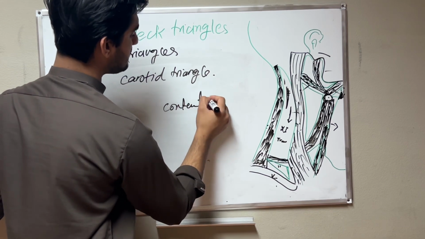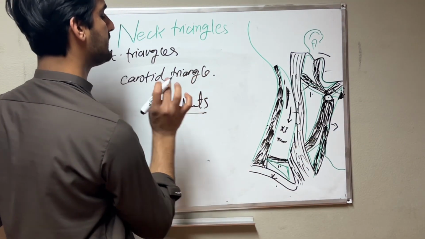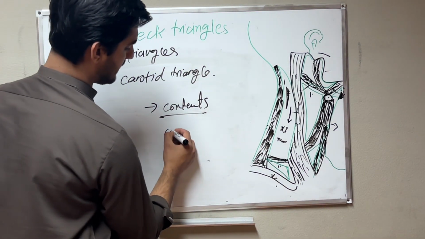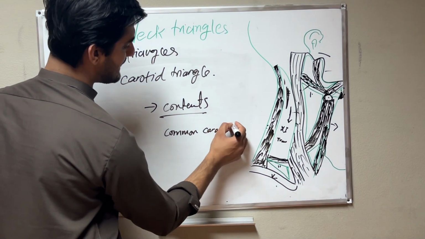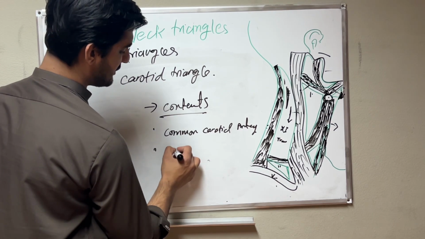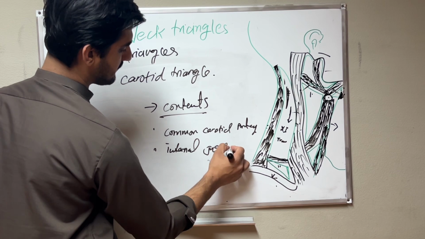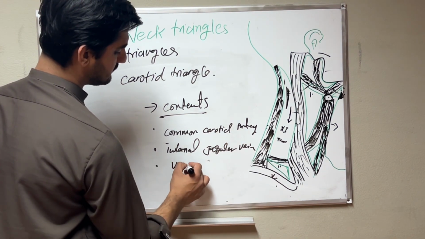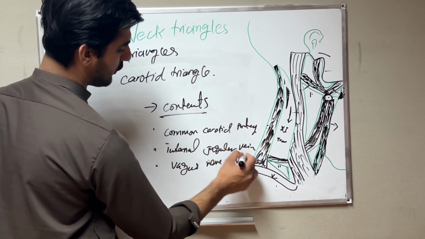It's simple from the name: carotid triangle means carotid artery, the common carotid artery, then the internal jugular vein, then the vagus nerve, which is cranial nerve 10.